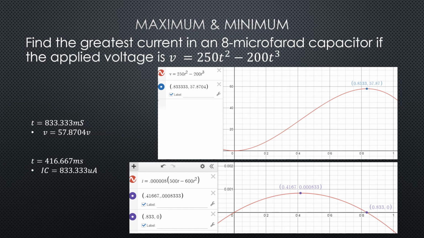And our maximum current is somewhere in between those two points, and we've got 833.333 microamps at time equals 416.667 milliseconds, and our max voltage is at 833.333 milliseconds.